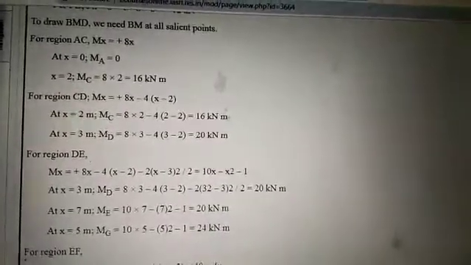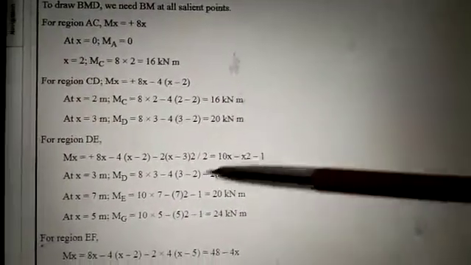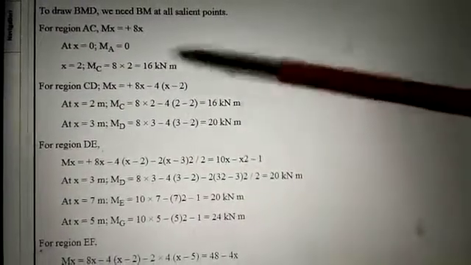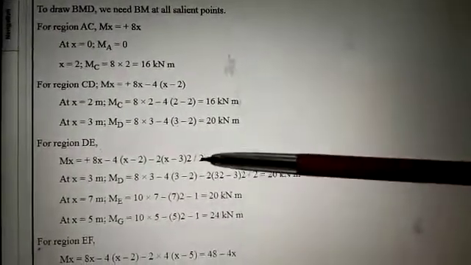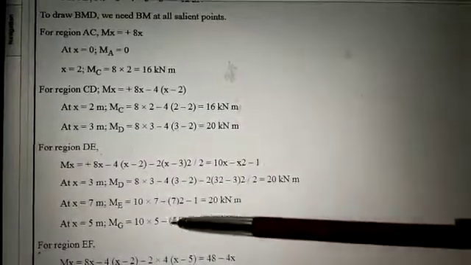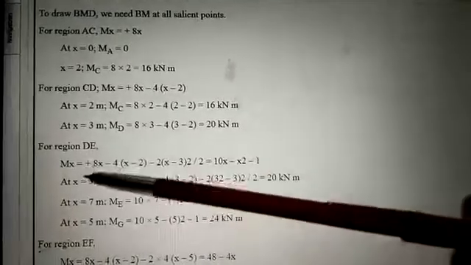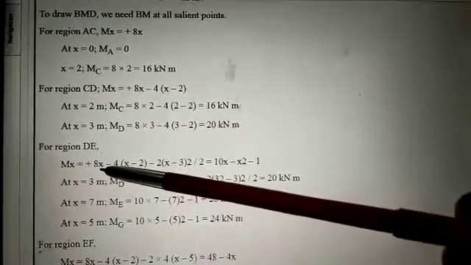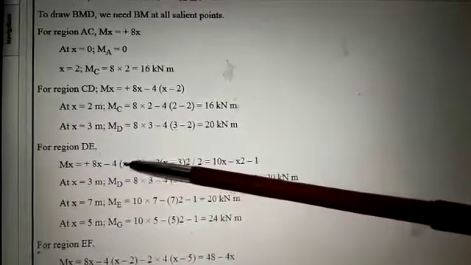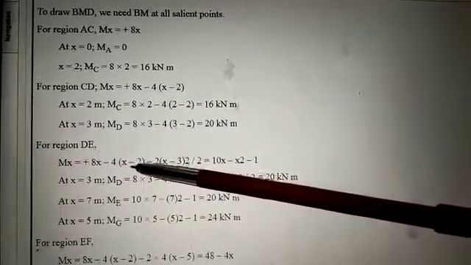Now we will consider the section in between DE. The section XX will be lying between DE and it will start from A. So Ra into x, that is 8 into x, minus 4 kilonewton point load multiplied by the distance x minus 2.